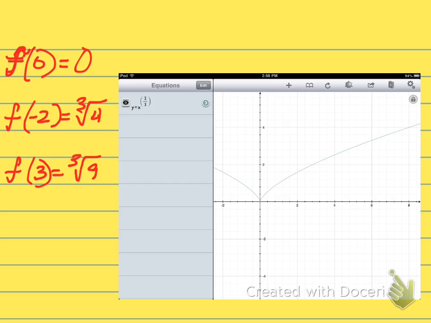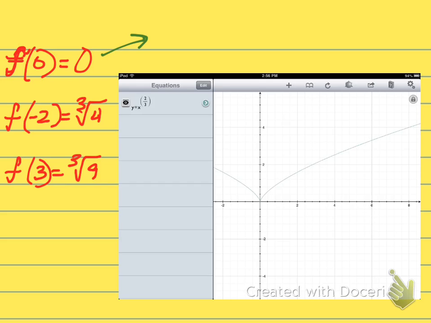Now remember, I said this problem satisfied the extreme value theorem, so it's continuous on a closed interval and you're guaranteed to have an absolute min and an absolute max. Just looking at these function values, you can tell me right now what the absolute min and max are. The smallest function value is 0, and it occurs at 0.